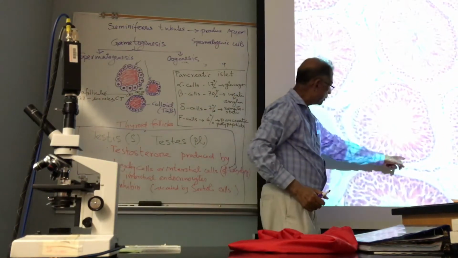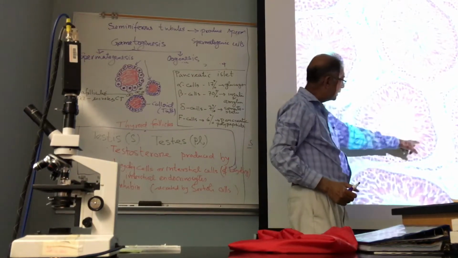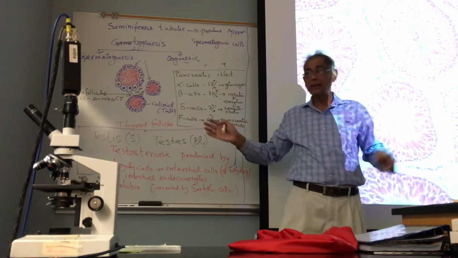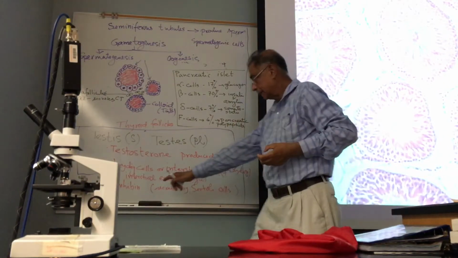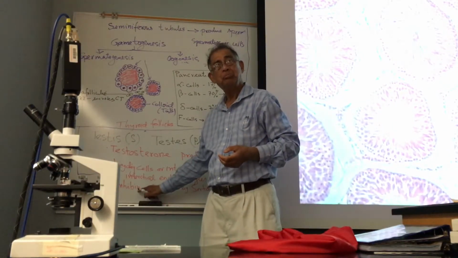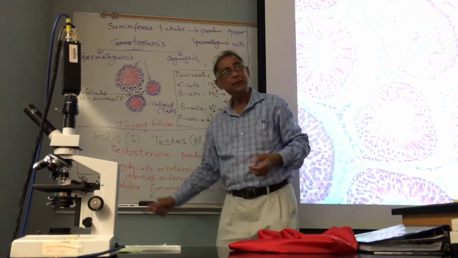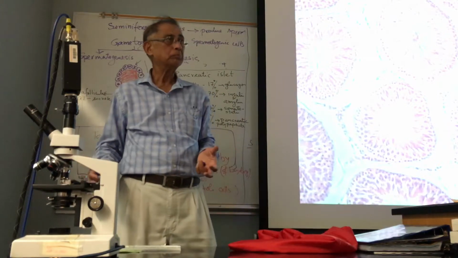These are all spermatogenic cells except for the Sertoli cells to which these cells are attached. And Sertoli cells secrete what? This hormone inhibin. Testosterone is a steroid hormone, but inhibin is a peptide hormone.